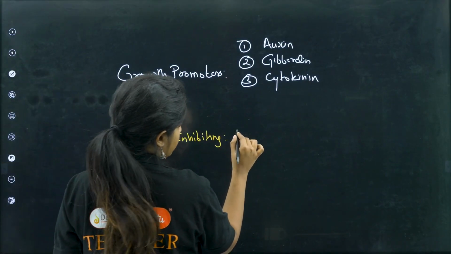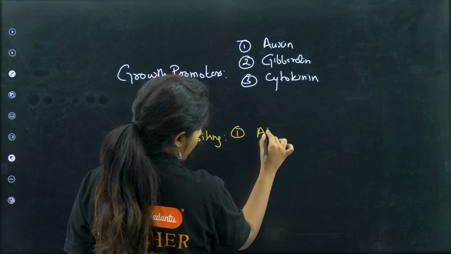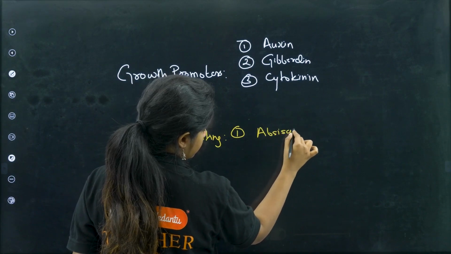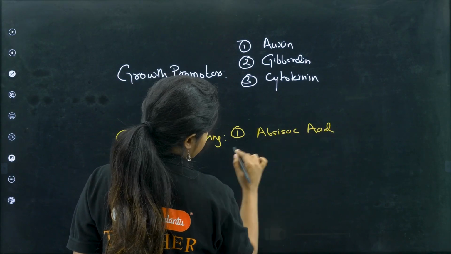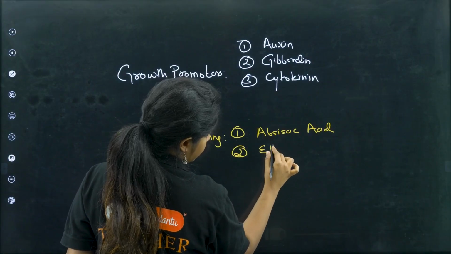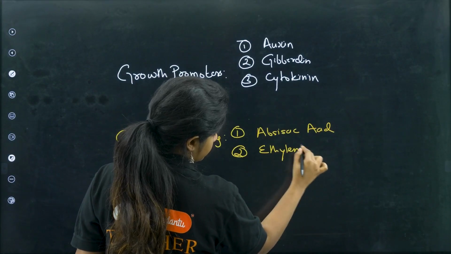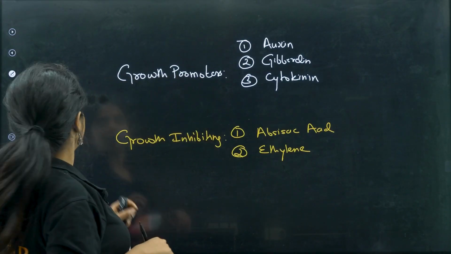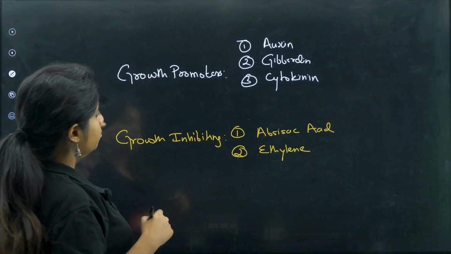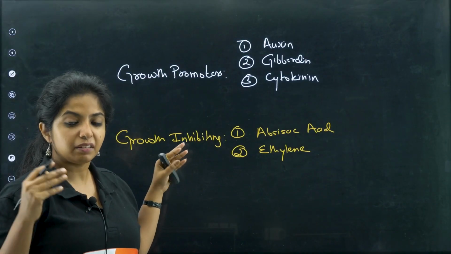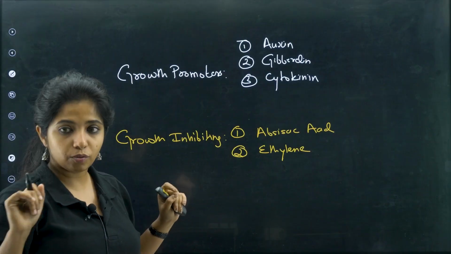One is abscisic acid, second is ethylene. You can remember it's a lean thing, growth is inhibited, so it has become lean. You can remember like that.